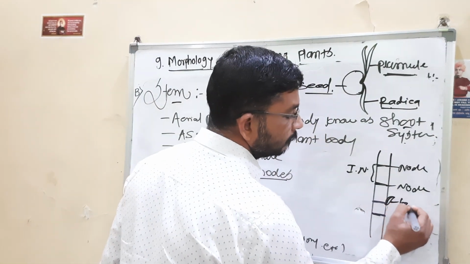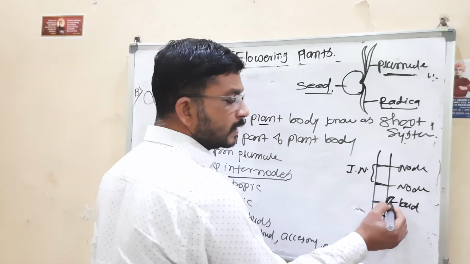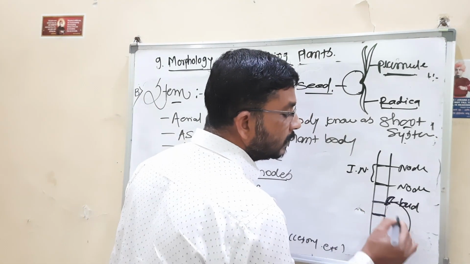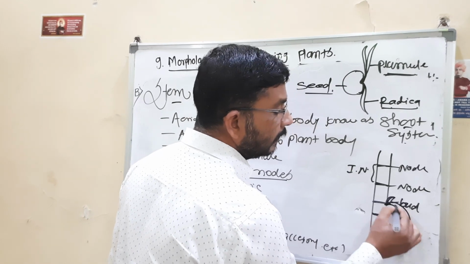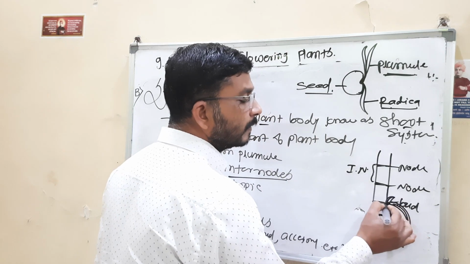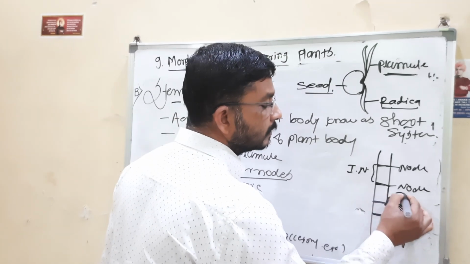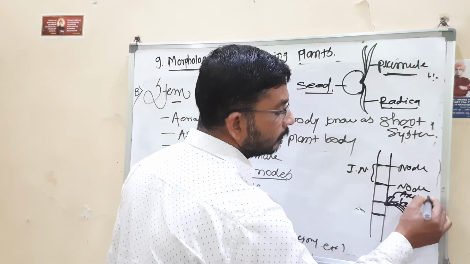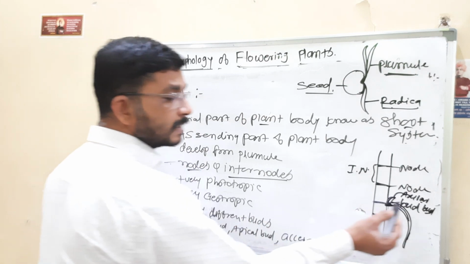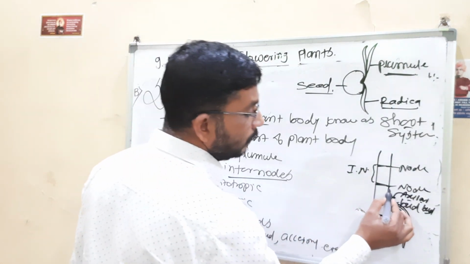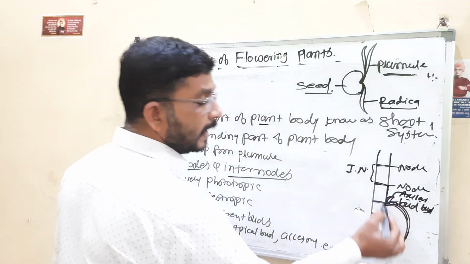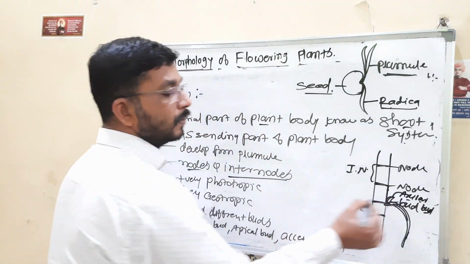This is a bud. This bud is called an axillary bud. Why do we call this bud an axillary bud? Because it is present in the axil between this stem and this leaf. That's why we call it an axillary bud.